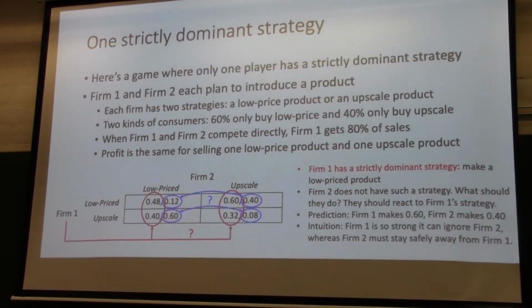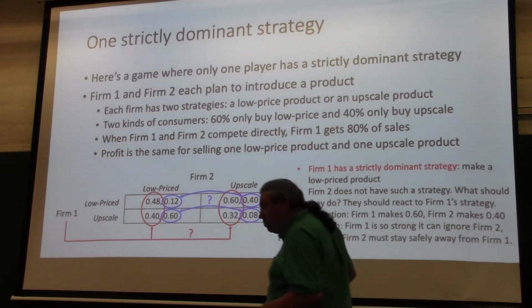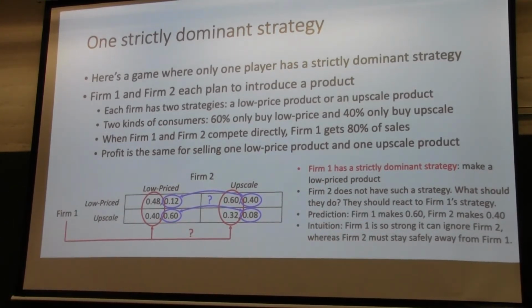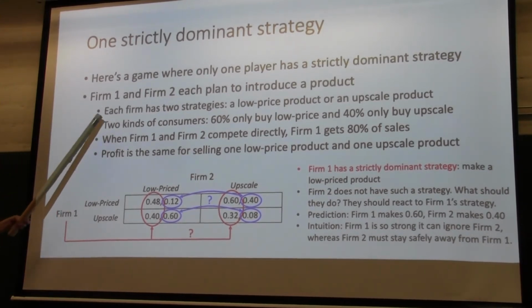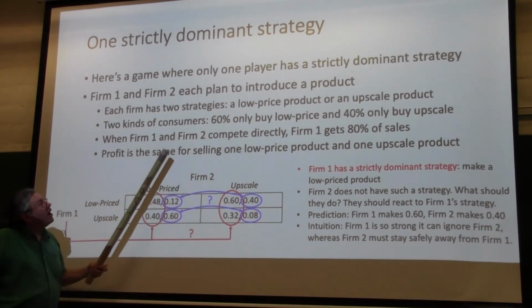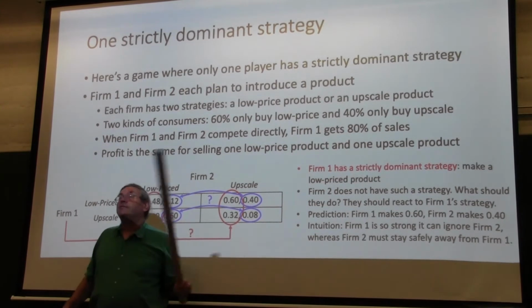So here's another game. In this game, one player has a strictly dominant strategy, but the other player does not. So here's a game with two firms, so companies. They are making products, and they can choose strategy: either make a low price product or an upscale product.